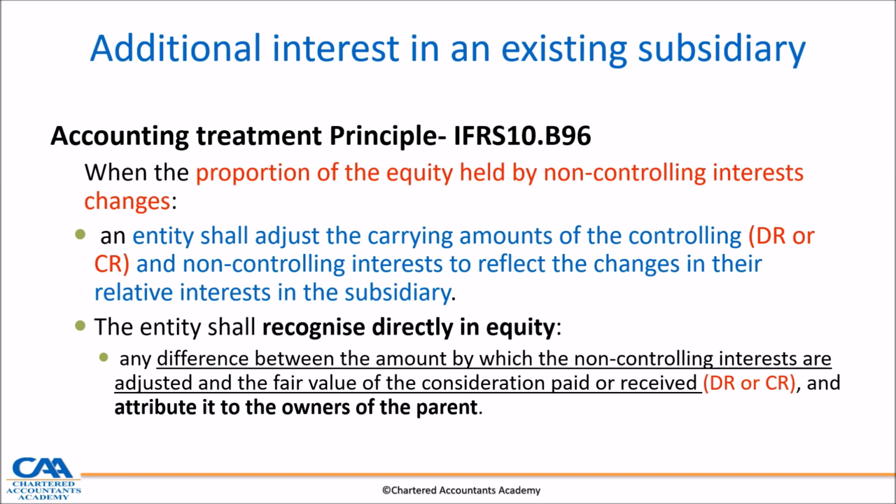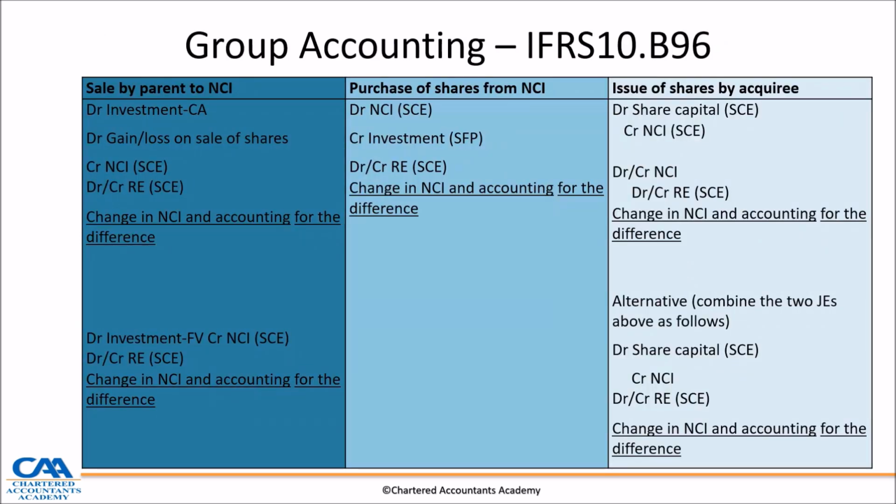The difference between the two amounts is recognized directly in equity, and it's only attributable to the parent. It's recognized either under retained earnings or as a separate reserve called an equity adjustment or transaction between owners reserve. And it's only attributable to the parent, in the parent's section. It's not shared with NCI.